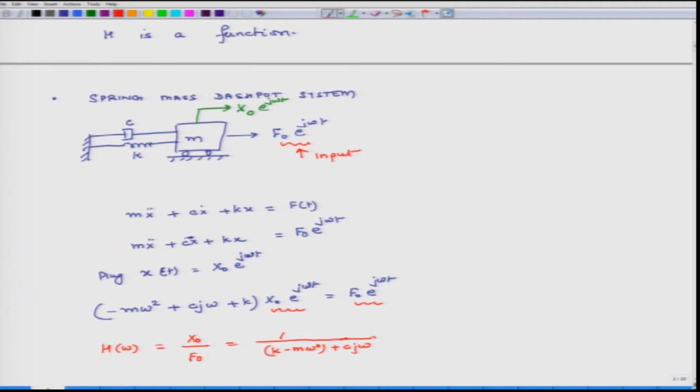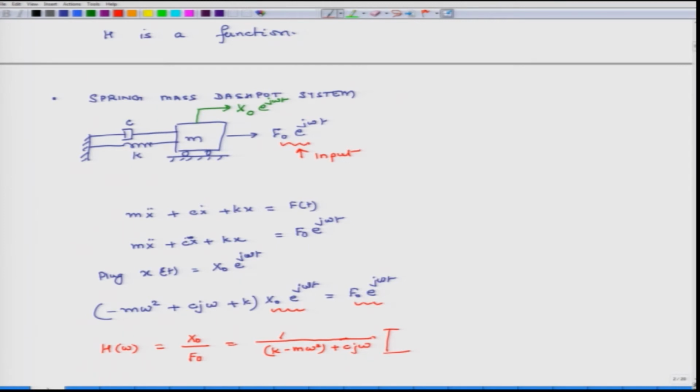Once again, this is not a single number, it is varying with omega. So, again it is not a transfer ratio, it is a transfer function, that is why we call it a transfer function.